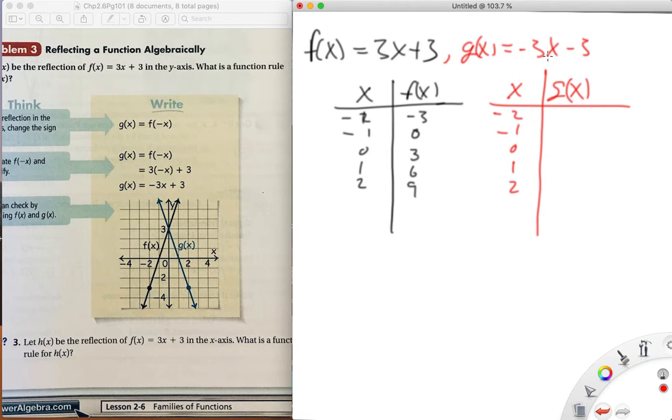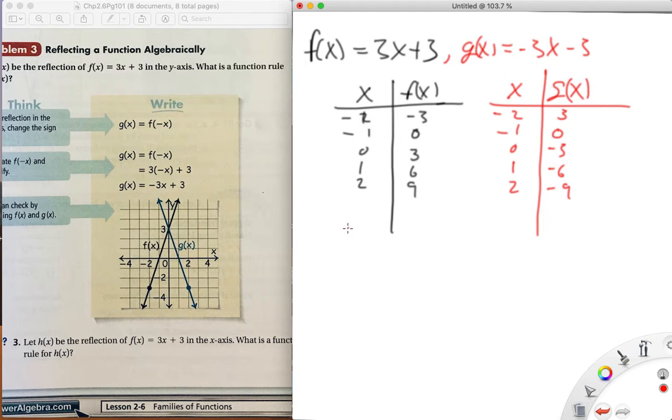So this would be 6 minus 3. Would be 3 minus 3. 0 minus 3. -3 minus 3. -6 minus 6. Notice that the y's switch signs. And that's essentially what's going on. And that flips it across the x-axis.